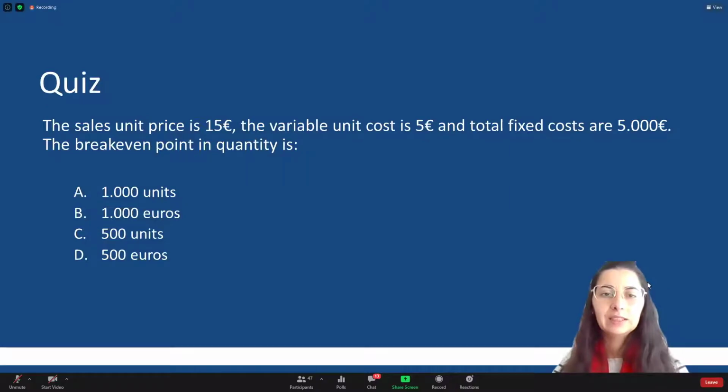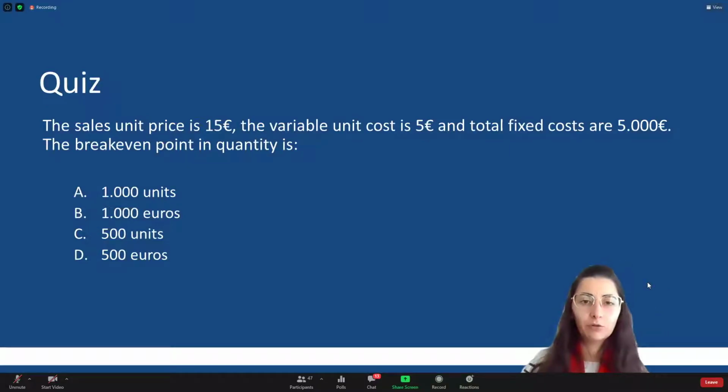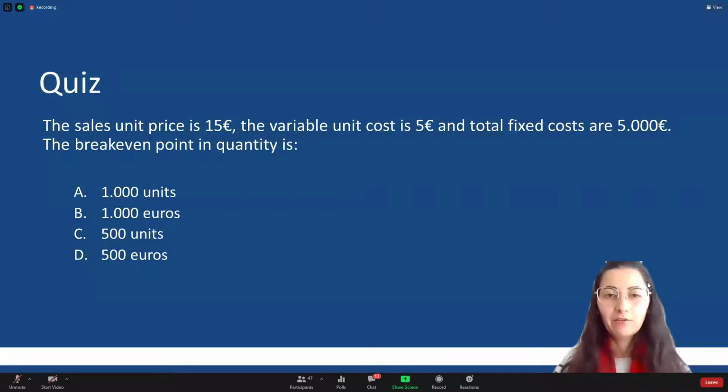If we have a sales unit selling price of 15 euros and a variable unit cost of 5 euros and total fixed cost of 5,000, how much is the break-even point in quantity?